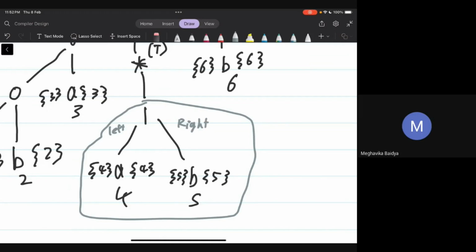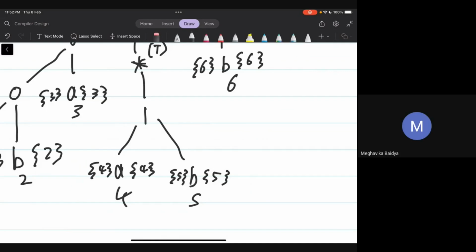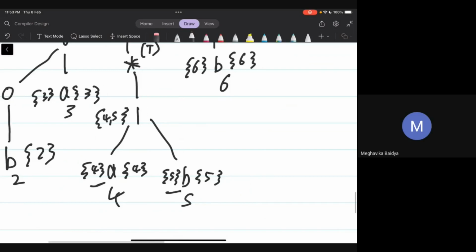The firstpos of OR will be the union of firstpos of A and B, which is 4, 5. You can write it like this.